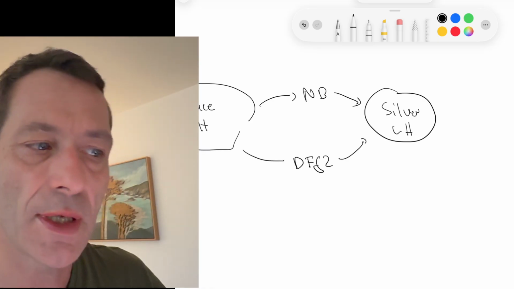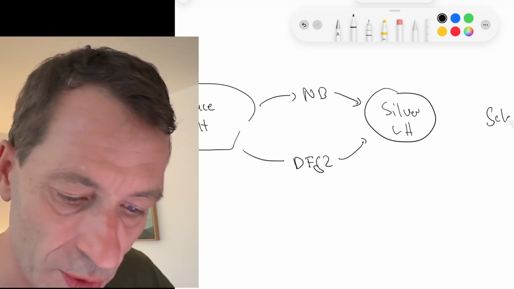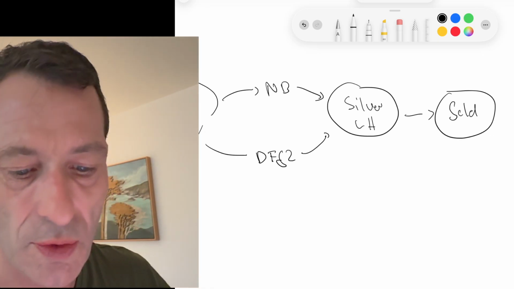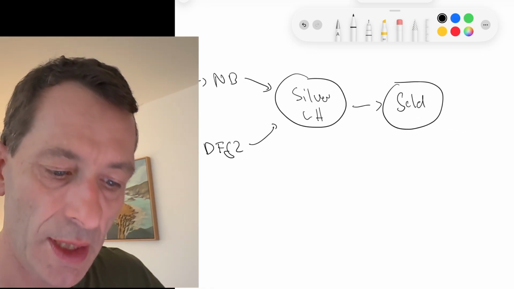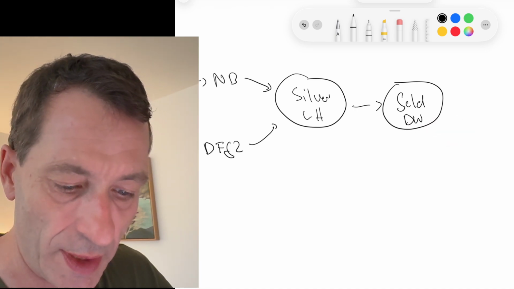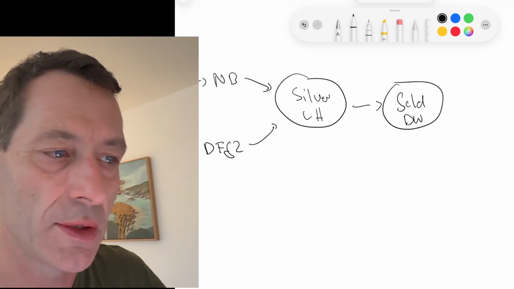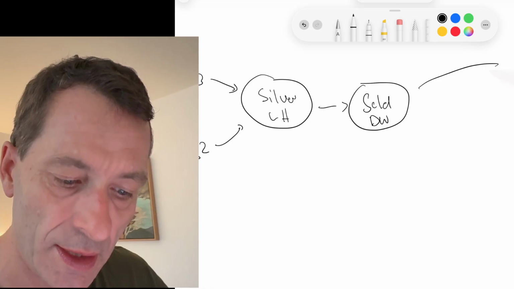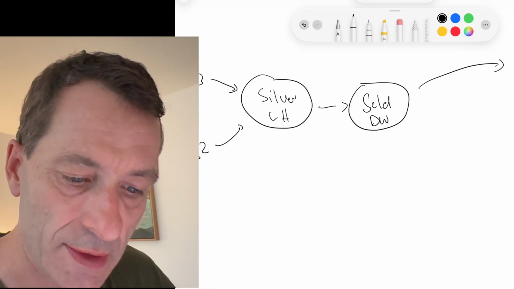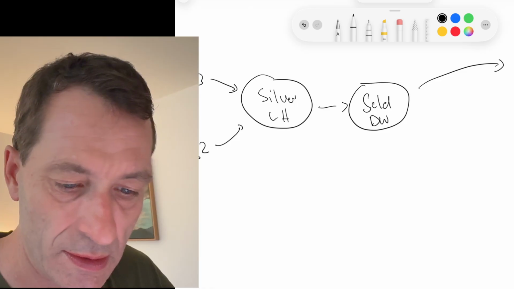And from silver, there is some way to gold, which is for today not in our focus. So let's simply assume that there's some move to gold. And usually this is then a data warehouse for all your analytics needs. And from there, the data goes out again, right? So this is like the consumption.